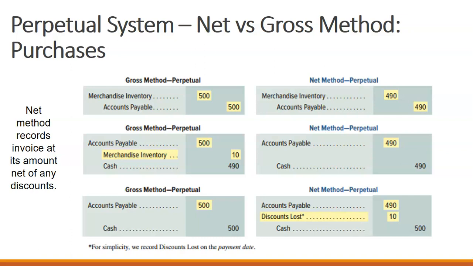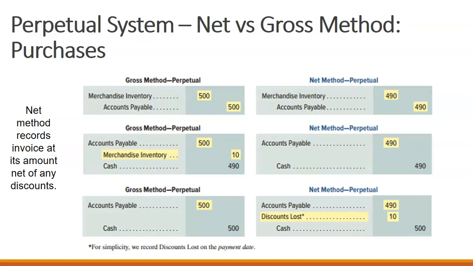In the net method, we record the merchandise inventory and the accounts payable amount with the belief that we're going to get the discount. So it's net of any discount. So if we have a 2/10, n/30 amount, we're going to record our merchandise inventory right away net of that 2% discount.